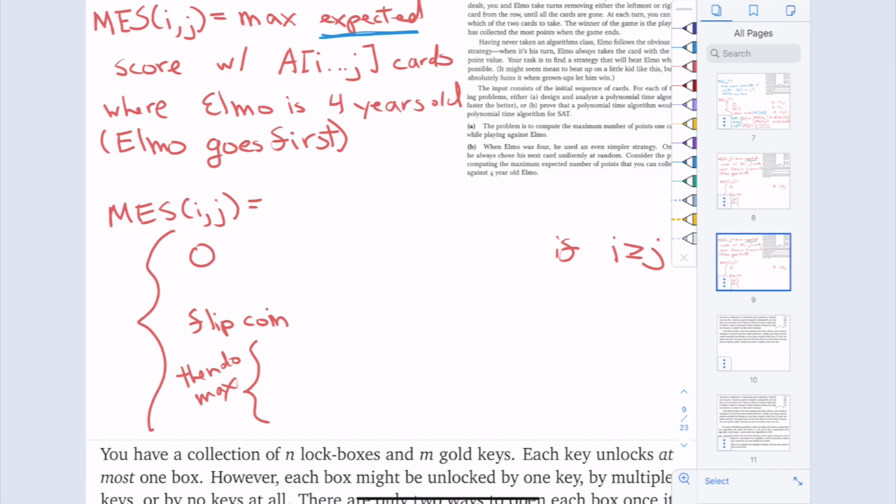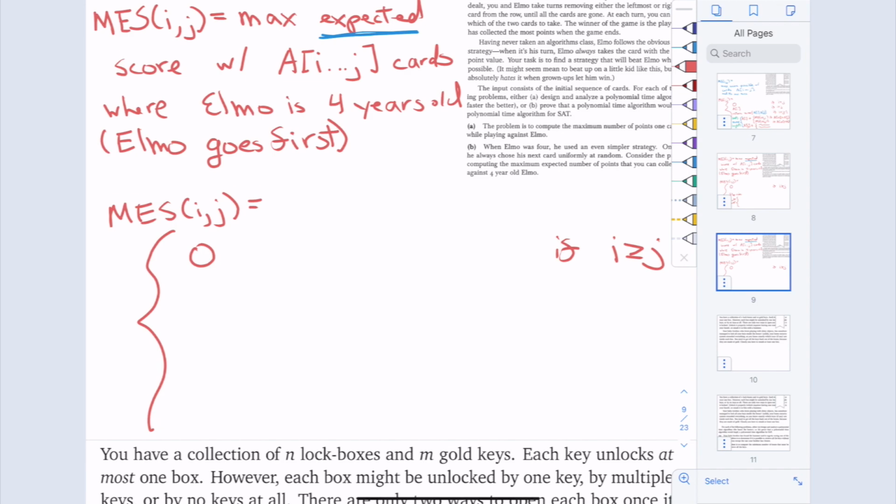So in the case of Elmo, you can actually justify and prove this inductively. You don't know what the outcome of Elmo's choice is going to be. It could be heads or tails, because we haven't flipped the coin yet. But we do know that Elmo's going to flip a fair coin, and that fact is like a deterministic fact. So instead of taking the max of this or max of that, you can do 0.5 of one outcome plus 0.5 of the other outcome.